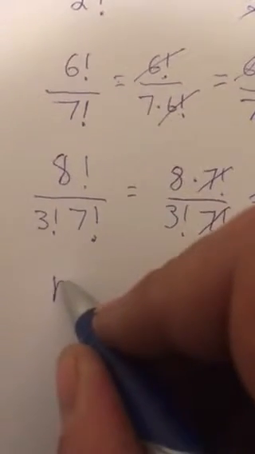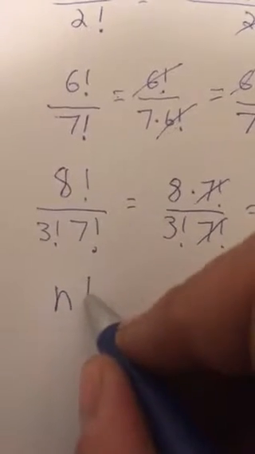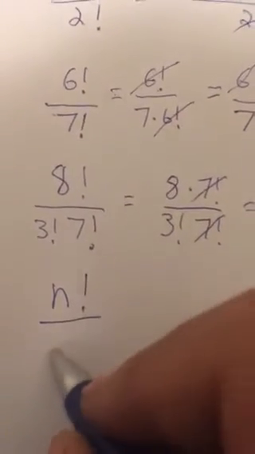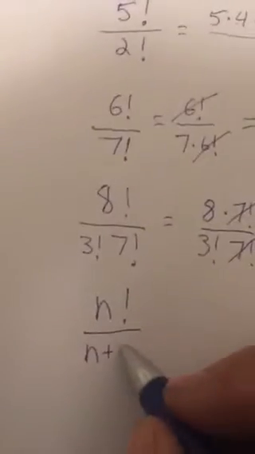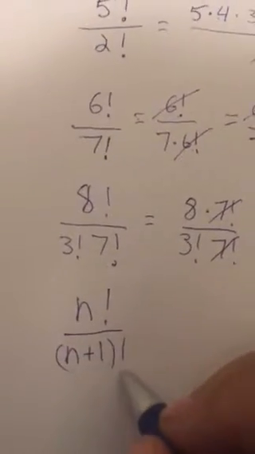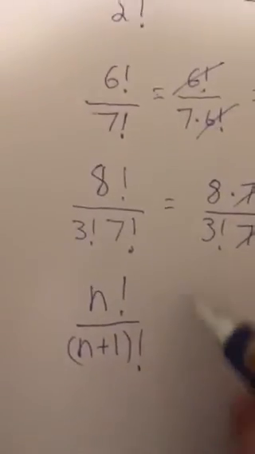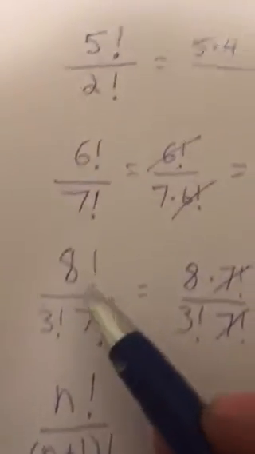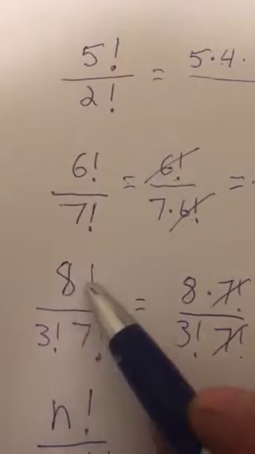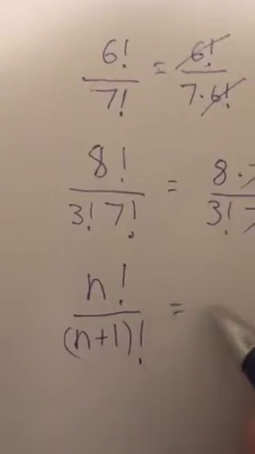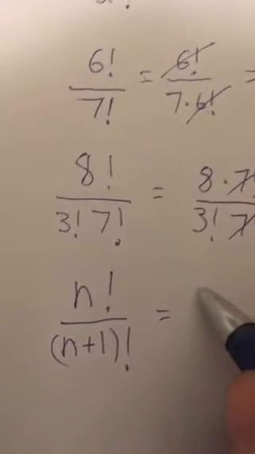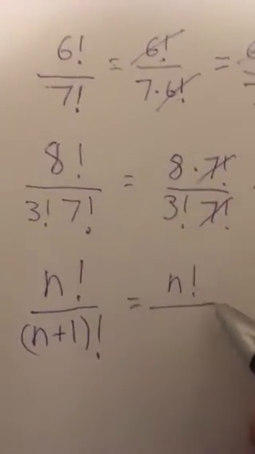So let's use n factorial all over n plus 1 factorial. This would be an example of using a variable. And so in our other example, it was 8 times 7 on down. Here we would have n factorial in the numerator.